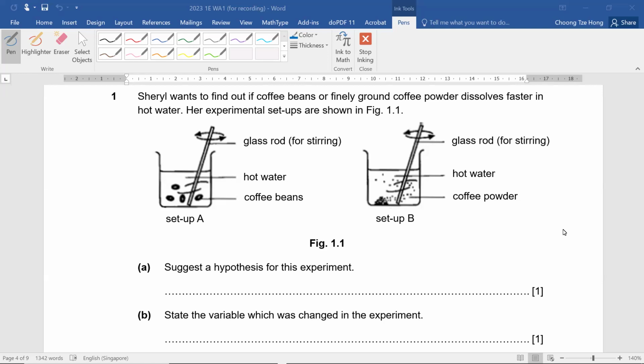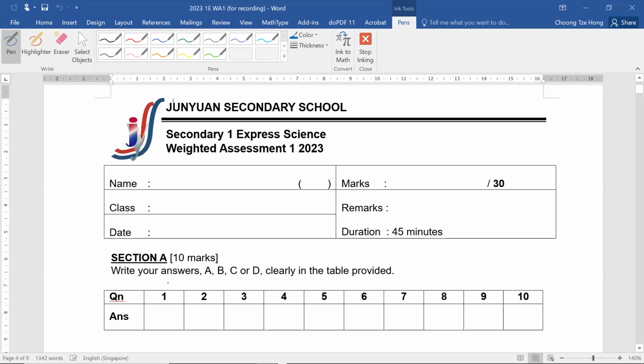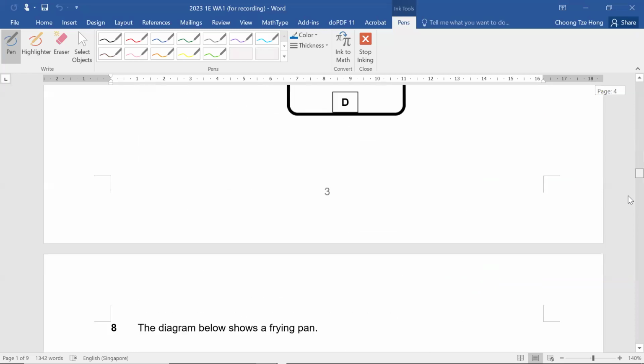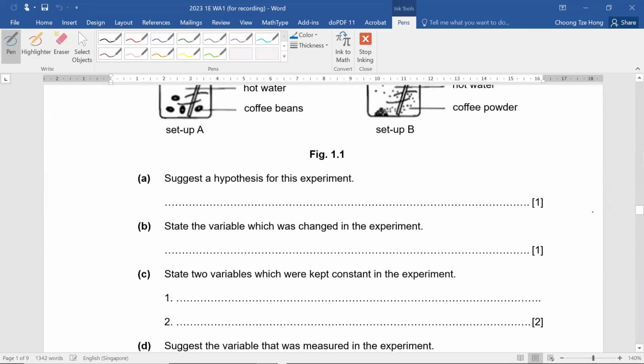A possible hypothesis that you could write would be: finely ground coffee powder dissolves faster in hot water than coffee beans. All right, so let's write it down.